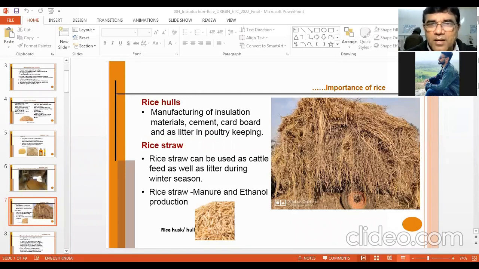Some electricity can be produced. Ethanol can be produced. So it has found multiple uses, this rice straw. And I have seen some time back that a person from Hyderabad made a sari from rice straw. So sari can be made from rice straw. And also in arts and craft of India, it has some uses.